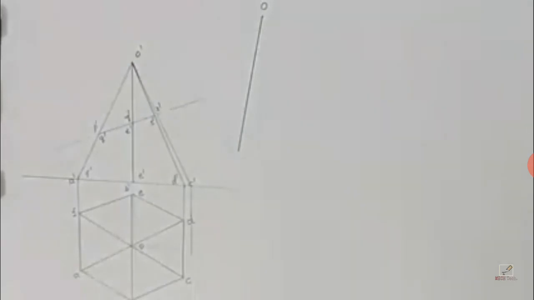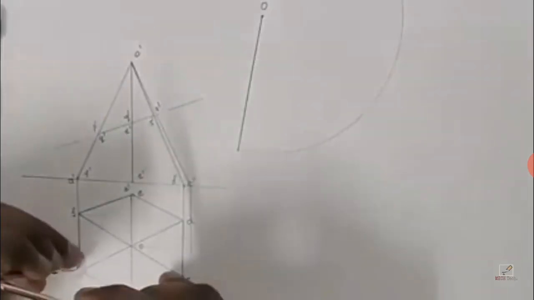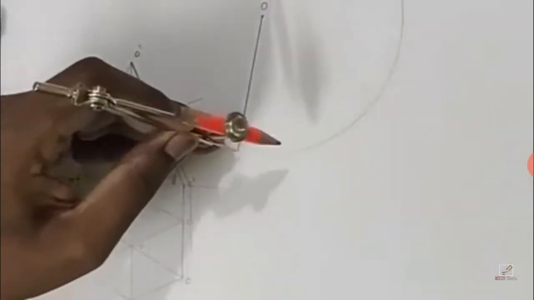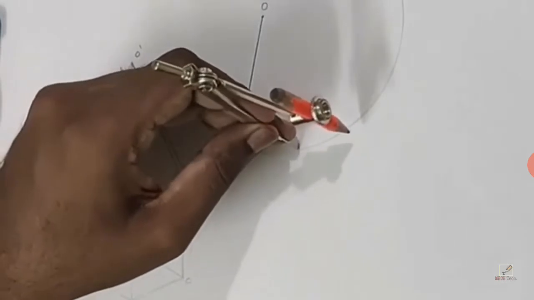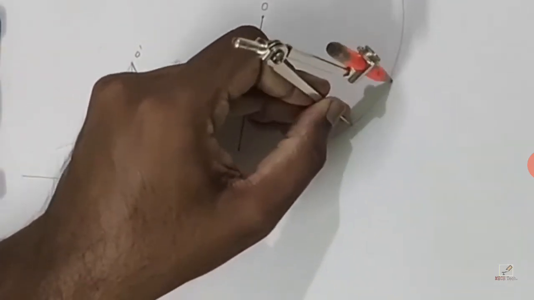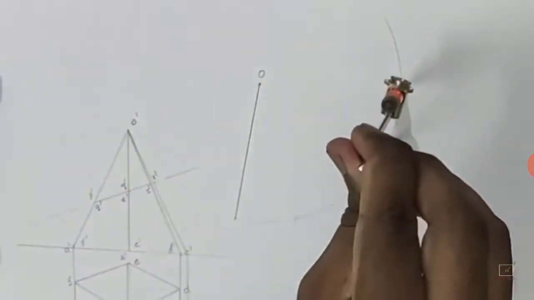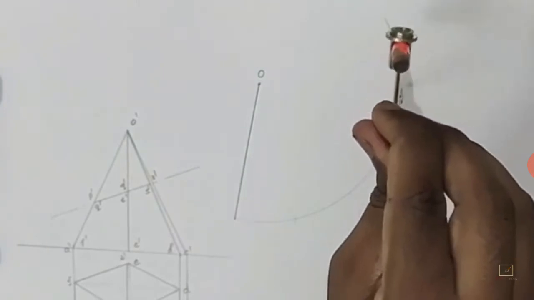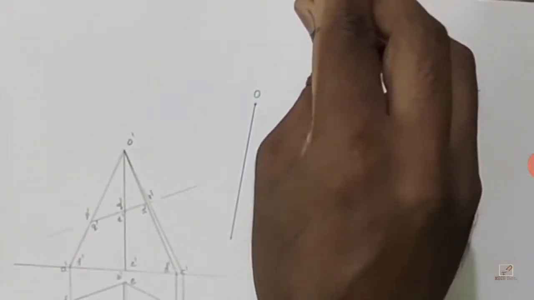At any point, mark 67 mm true length. Take a rounder, take the O distance and mark the 6 points, as it is a hexagonal pyramid. So 1, 2, 3, 4, 5 and 6.